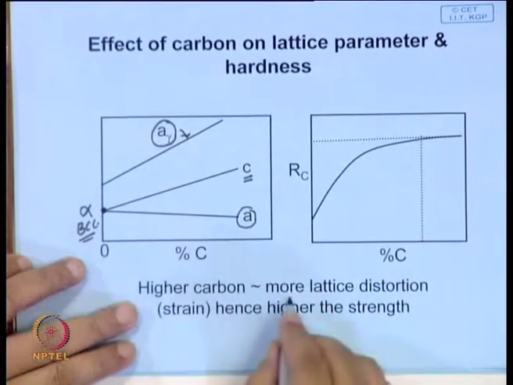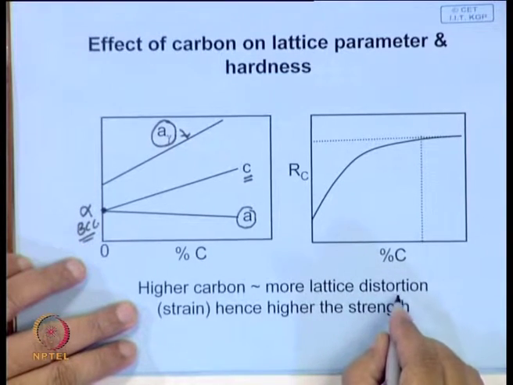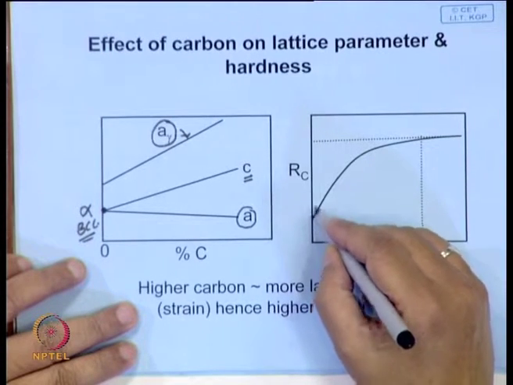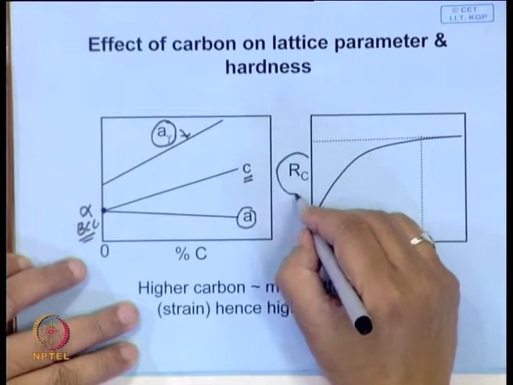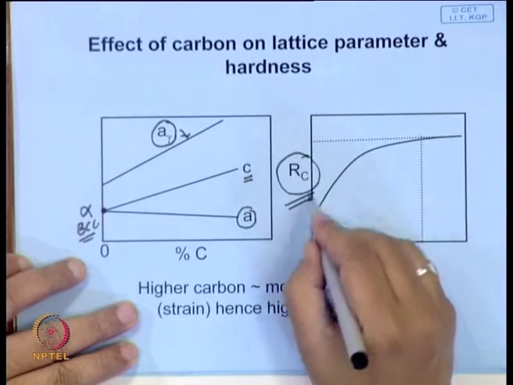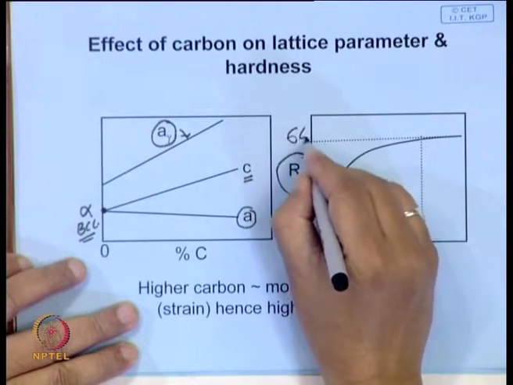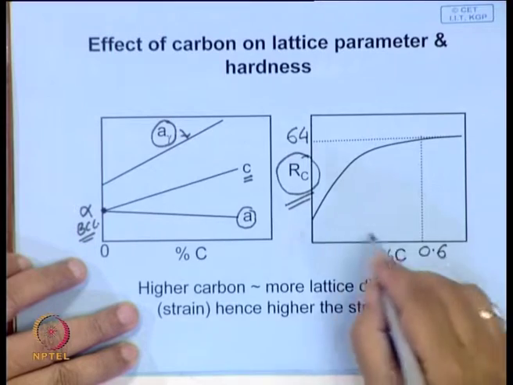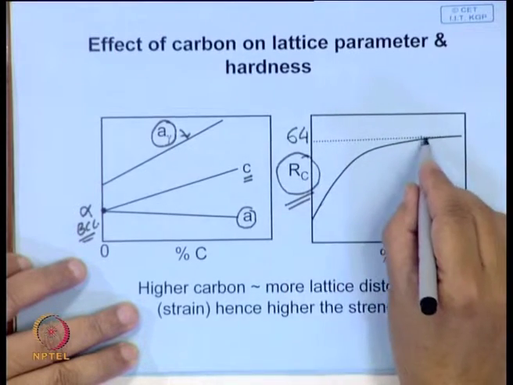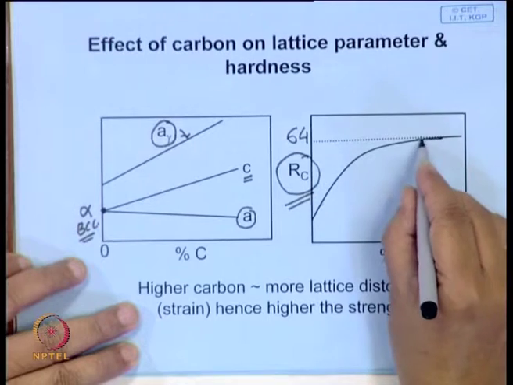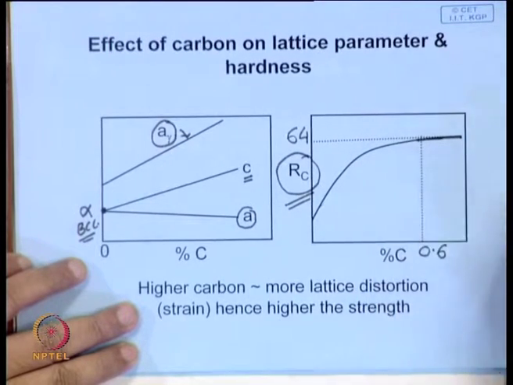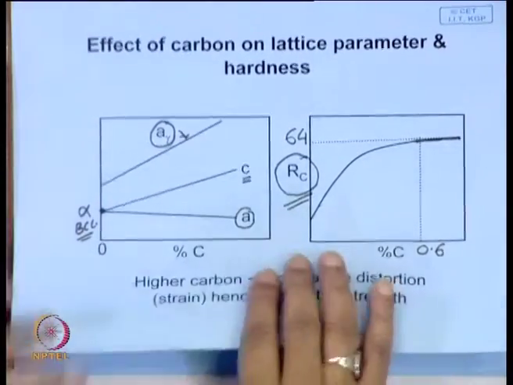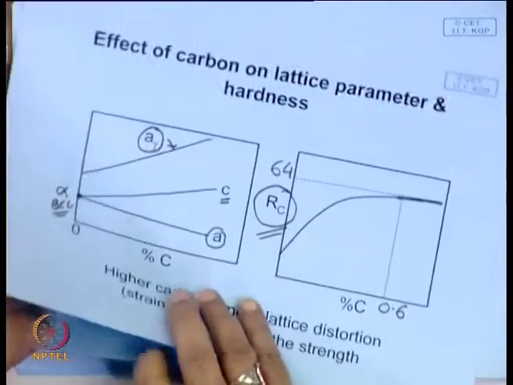The higher the amount of carbon, the more the lattice distortion, and this reflects in the strength of the martensite. Martensite very often on the engineering scale is measured by Rockwell hardness, RC, which is around 64, and when the carbon goes to around 0.6, this hardness is attained. Beyond this, the hardness increase is nominal, which does not show on the Rockwell hardness scale. So we stop right over here.